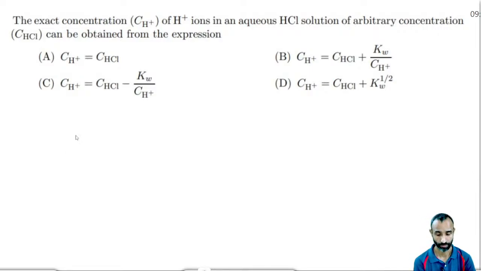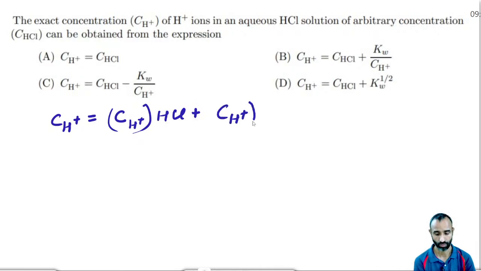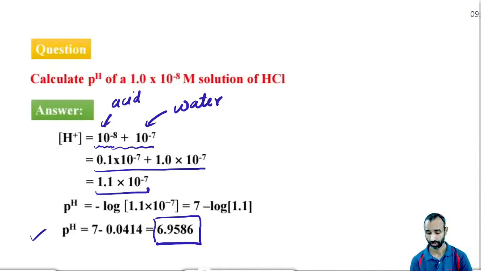So see, concentration of H plus ion is equal to concentration of H plus ion from HCl plus concentration of H plus ion from water, just like this question.